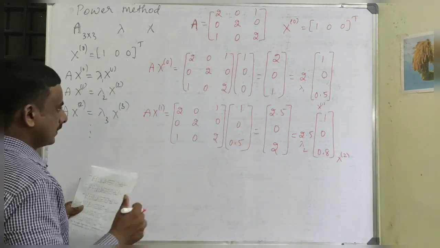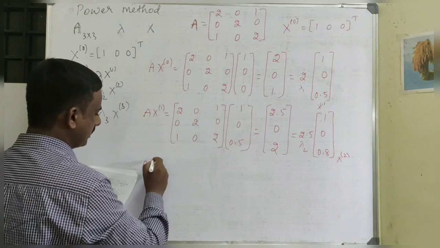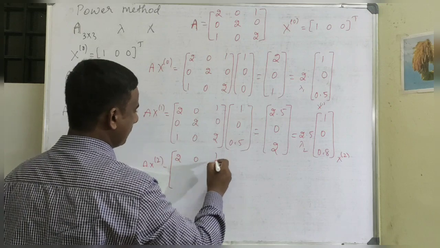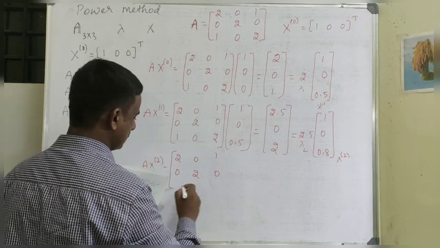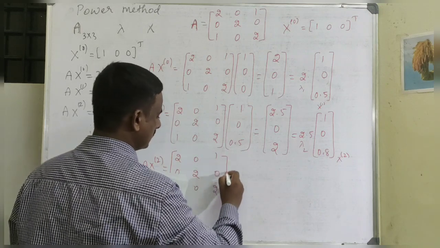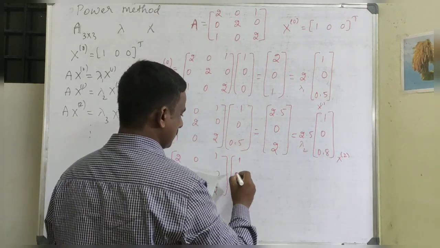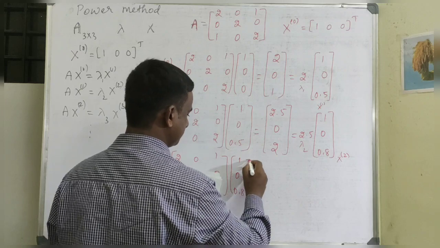Next, A into x2 equal to 2 0 1, 0 2 0, 1 0 2 times 1 0 0.8.